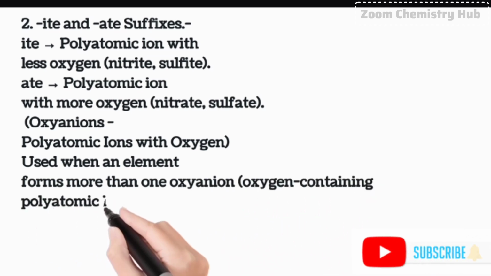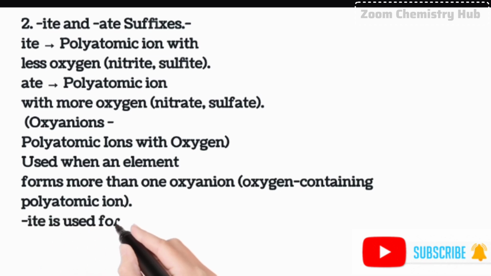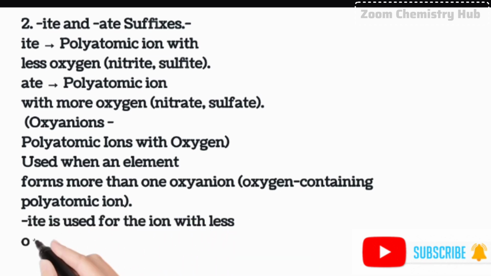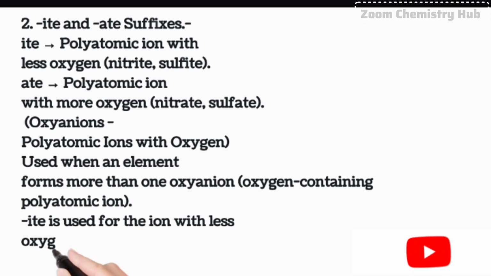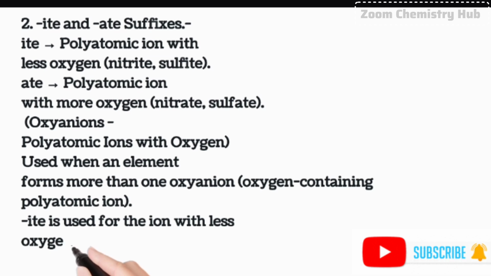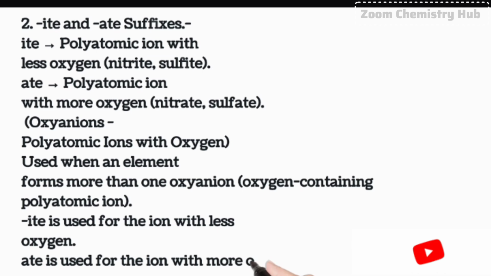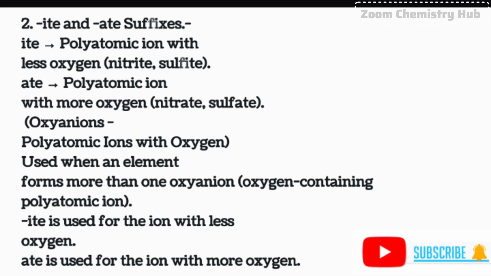These are the oxyanions. Oxyanions are polyatomic ions with oxygen, and these suffixes are used when an element forms more than one oxyanion.